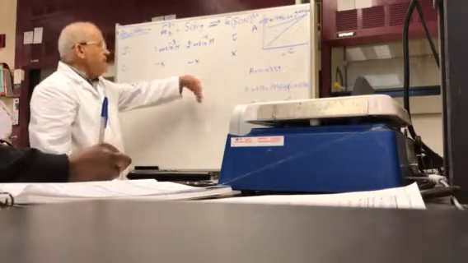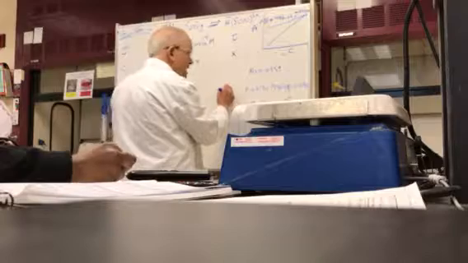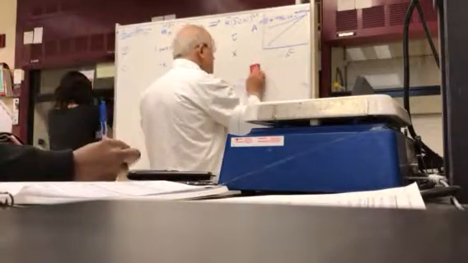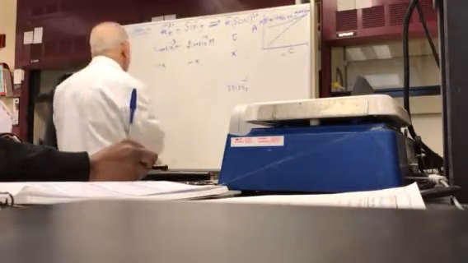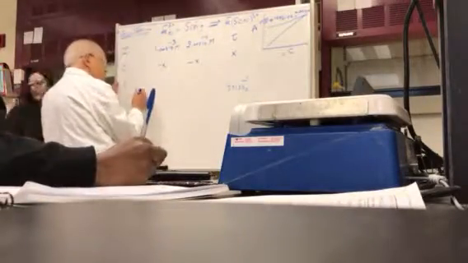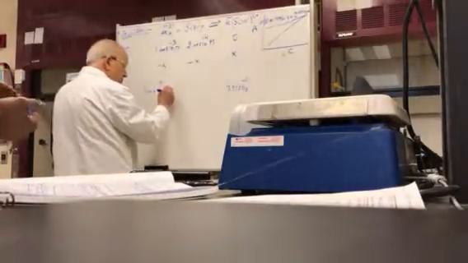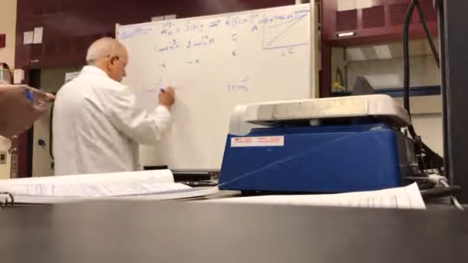So now I know x equals 3.95 times 10 to the power minus 5. And I go back to my equilibrium data: 1.00 times 10 to the minus 3 minus 3.95 times 10 to the power minus 5, and I do the math.